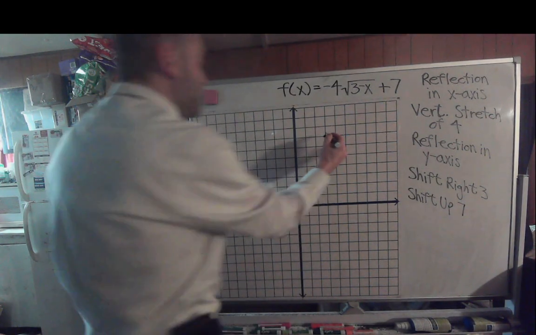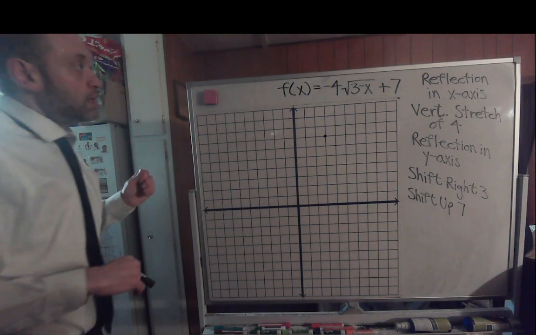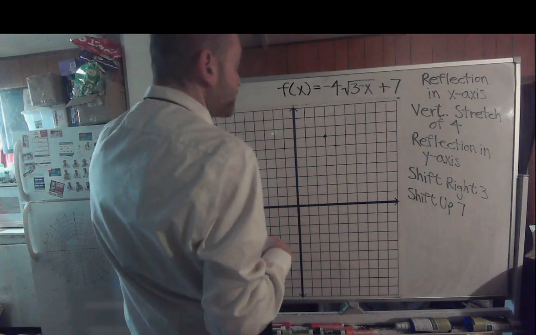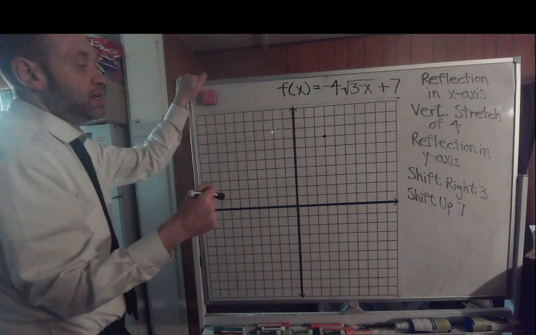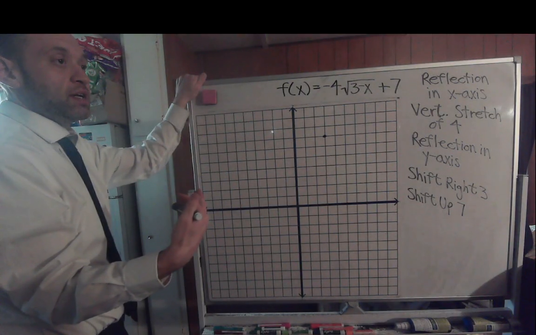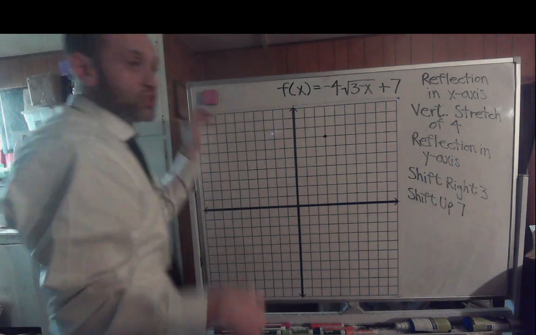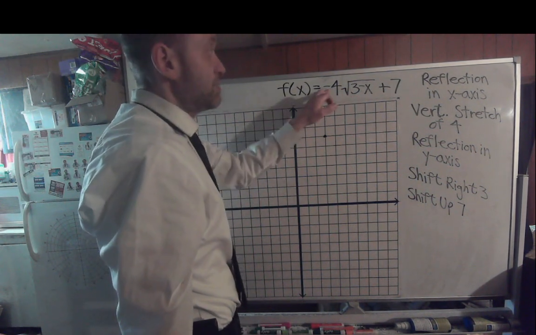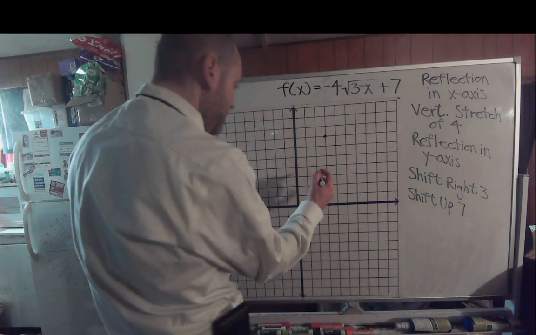All right, now what do we got here? Let's put in, let's see, x would have to be less than or equal to 3. So if I put in x equals 2, I get the square root of 1, which is 1, times negative 4 is negative 4, plus 7, that's 3.